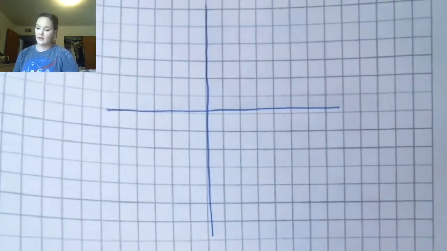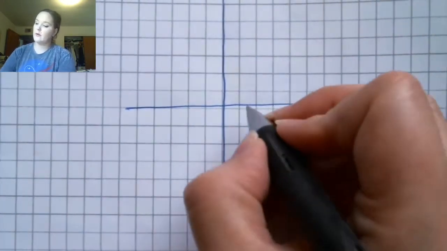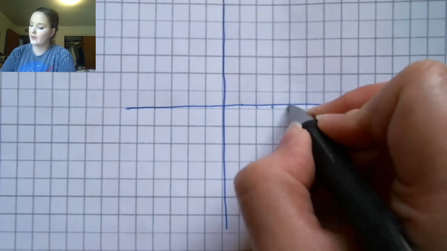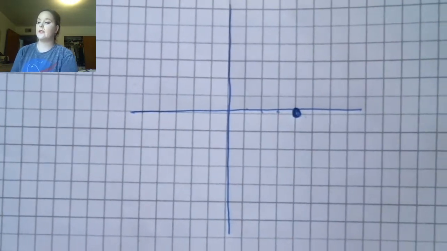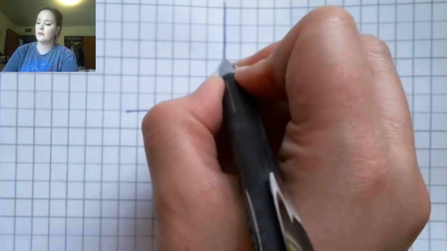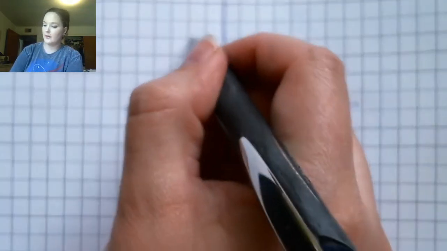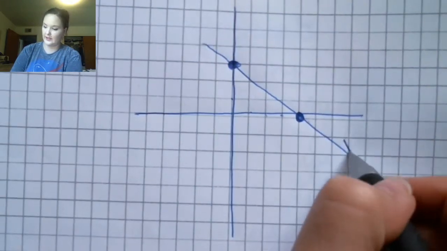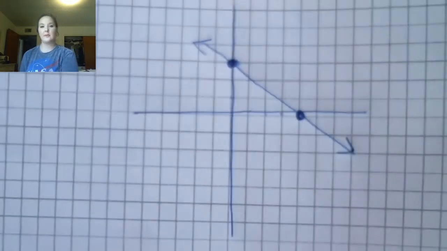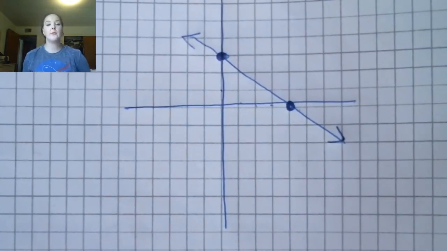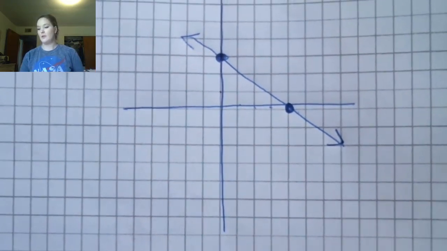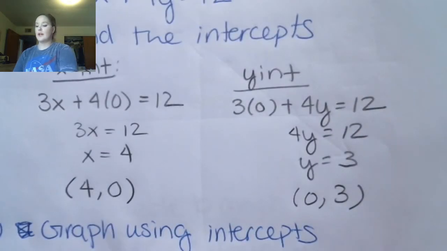The ordered pairs were (4, 0), 1, 2, 3, 4, and then (0, 3), 1, 2, 3. Then we can graph by connecting them with a line. This is what we talked about in section 1.2 when we reviewed graphing using the intercept method. So that's part B.